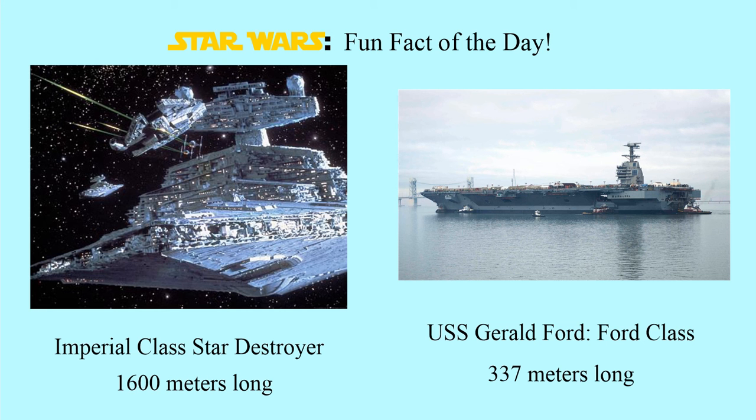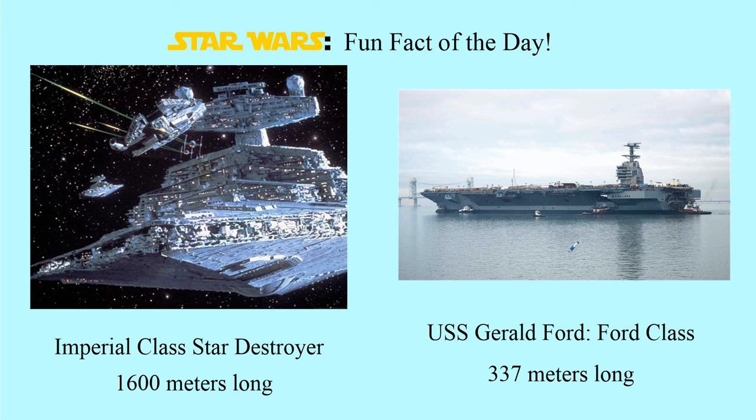Now, to give you a little perspective, you would assume that they would at least build it similarly to how we build our naval ships today. On the right-hand side right here, you see the USS Gerald Ford, which is the first Ford-class aircraft carrier, and it is our newest ship. This ship was commissioned and put to sea in September of 2016.